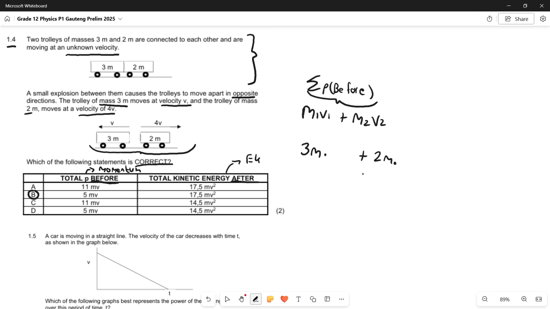They are connected and they are moving at the same velocity, which means we have v over here and v over here, which means that we have exactly the same symbols over here, m and v. These are algebraic equations, which means we can just go ahead and add them together. So we have 5mv over here for the total momentum before.